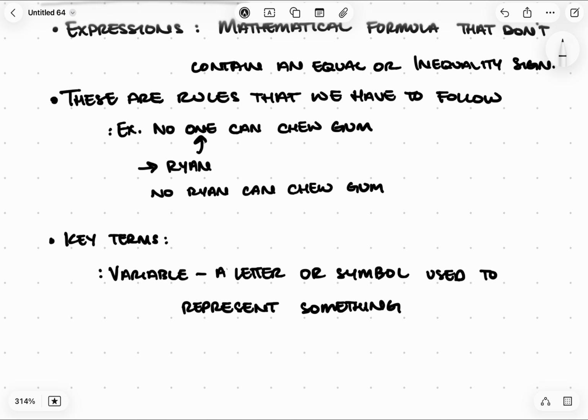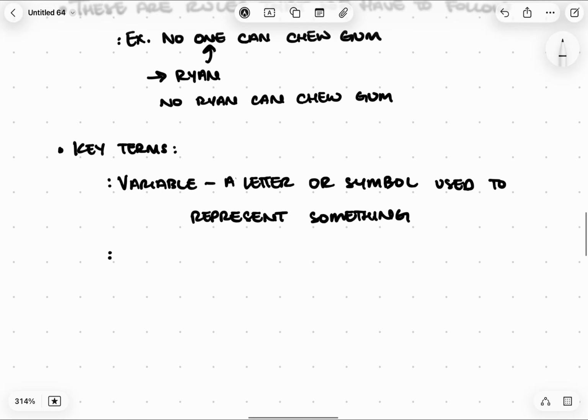Now, this something can be replaced. So sometimes not all numbers are set. Sometimes we want to play around with the scenario and I want to say, well, what if I bought 2 apples? What about 3 apples? What about 4 apples? So sometimes I could use a variable to express that. The variable is that letter.